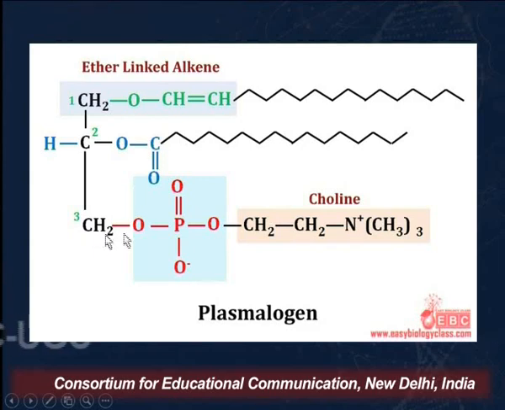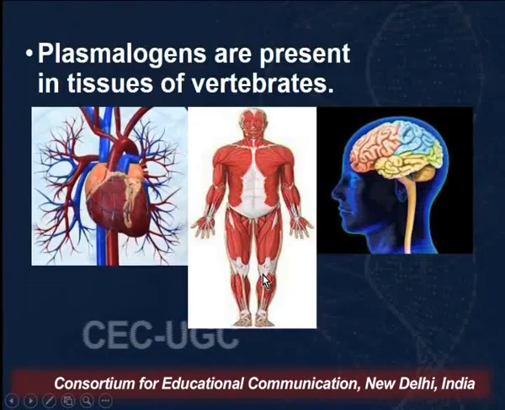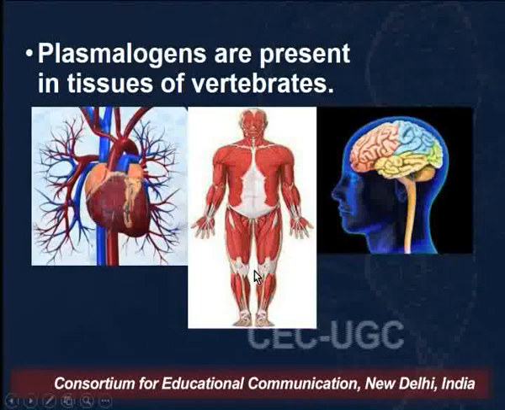And the OH on the third carbon of glycerol reacts with phosphoric acid to form a phosphoester bond, and this phosphate then reacts with a choline molecule through a phosphoester bond, resulting in formation of plasmalogen. Now this nitrogenous base may be choline, or it may be serine, or it may be ethanolamine in plasmalogens. So now let us look at where these plasmalogens are present.